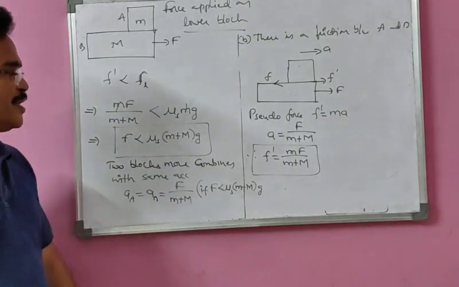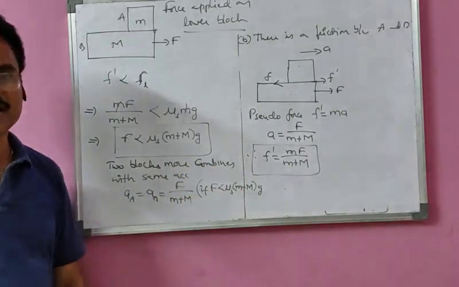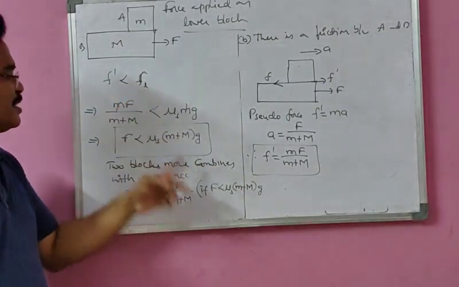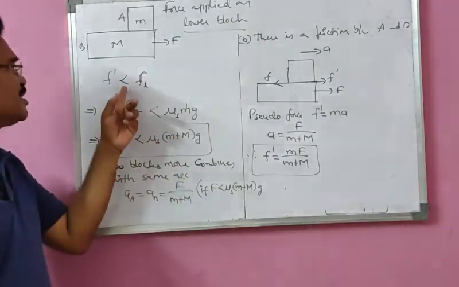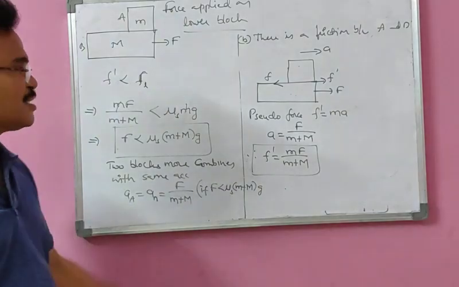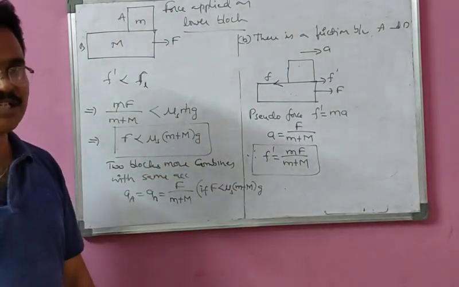And the third case is what we have taken here. If F dash is greater than FL, what happens? As seen in the third case of the earlier one, both blocks will have different accelerations.